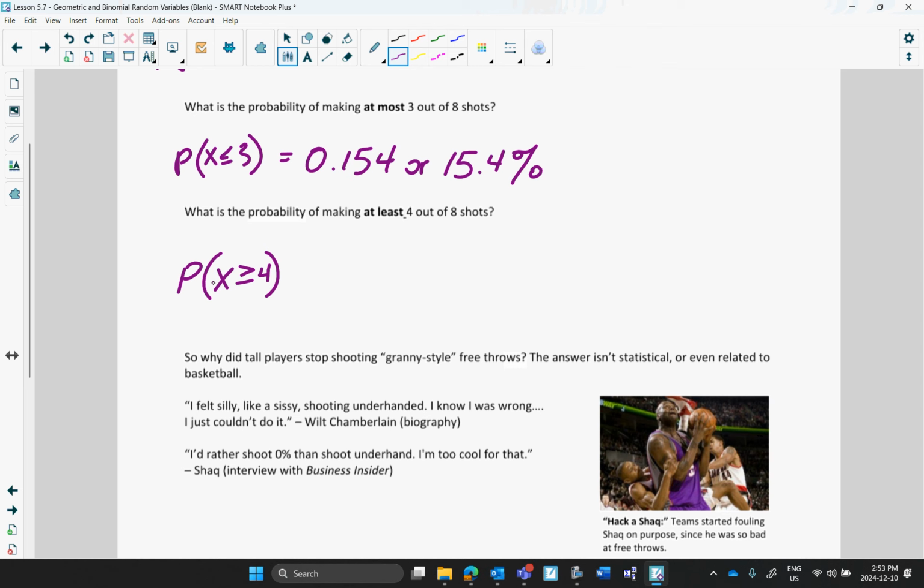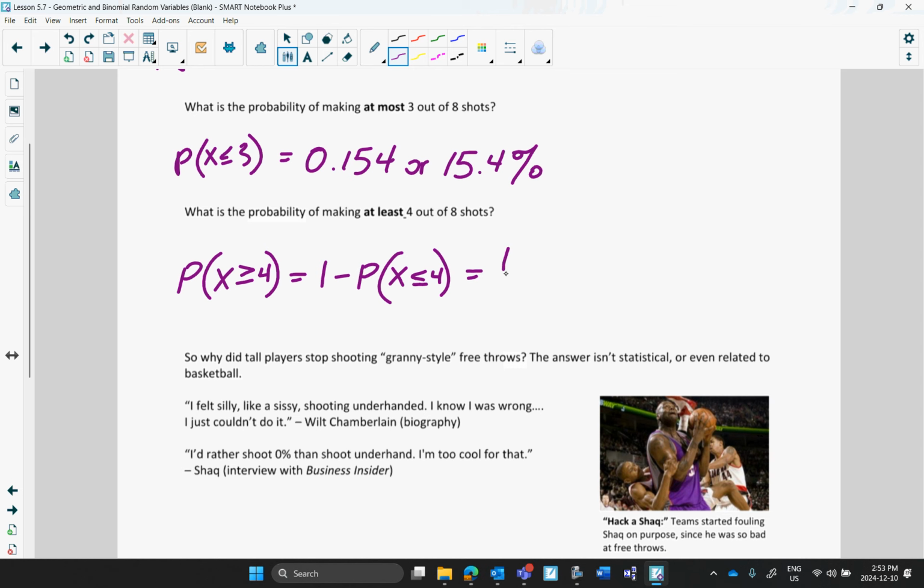So how do I change this to a less than? Actually, I can put less than or equal to, that's fine. You find the probability of less than or equal to 4, and then you subtract that from 1 to get greater than or equal to 4. That's all you do.